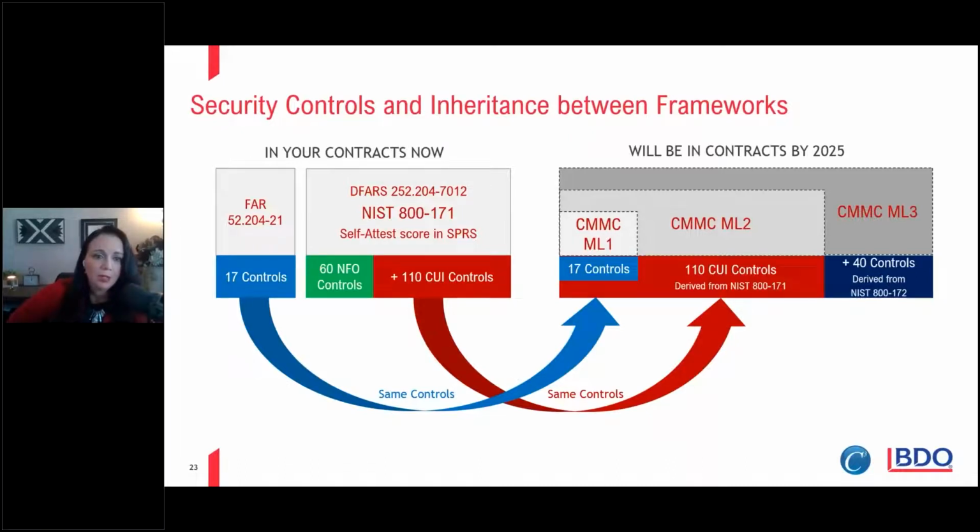But you see the blue arrow as it goes to CMMC-ML1. The main difference between these two requirements is requiring a certification and a framework process that is delivered by the Cybersecurity Maturity Model Certification process.